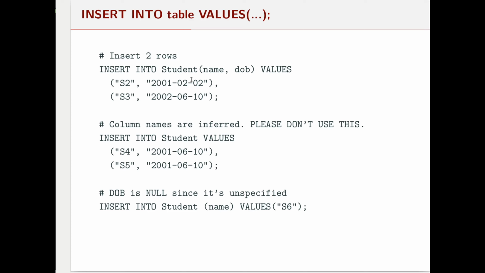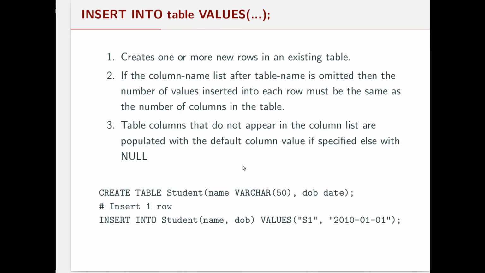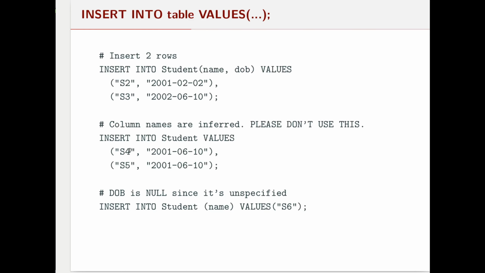This is a method. I'd recommend you use this format instead of the one below. So the one below, that is this statement, is used to highlight this particular point. That is, the order in which the values are inserted corresponds to the order in which the fields are specified as part of the create table statement. So if you look here, there is no column spec like here.